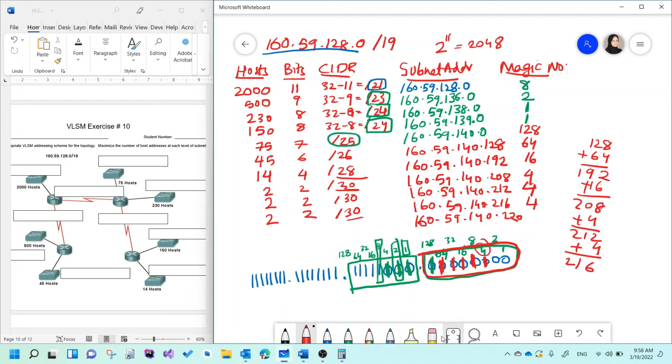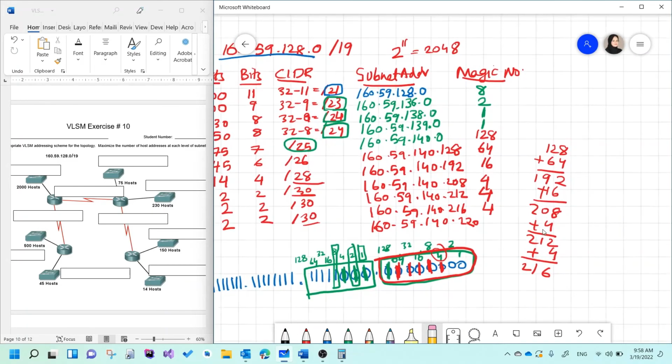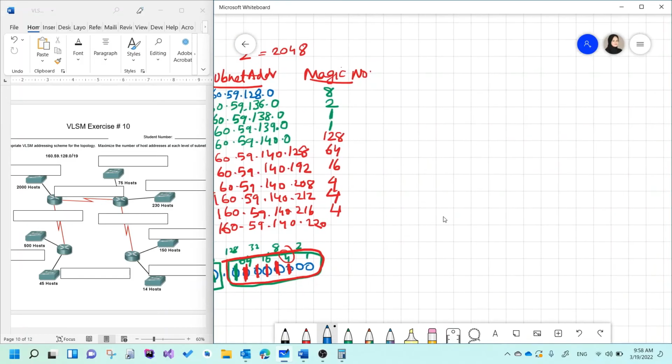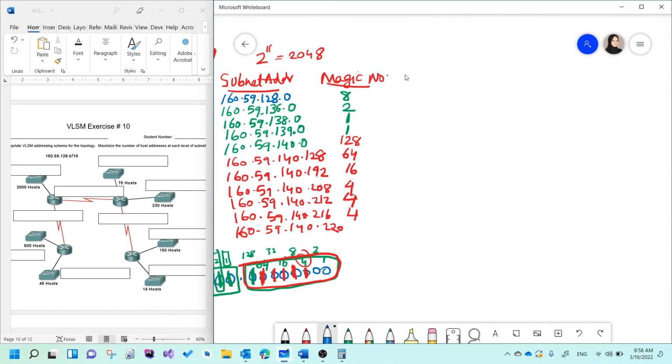Okay, so now the final thing would be to figure out the broadcast and the first IP address. For the broadcast address, what we need to do is look at the next subnet address and just remove one for each of them.